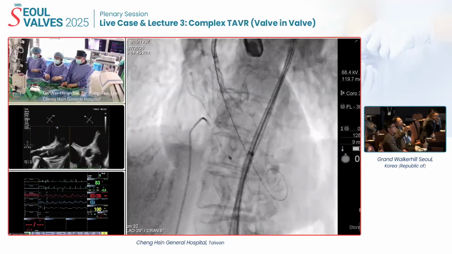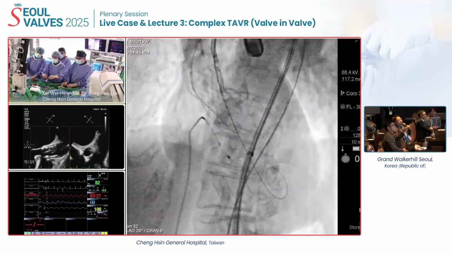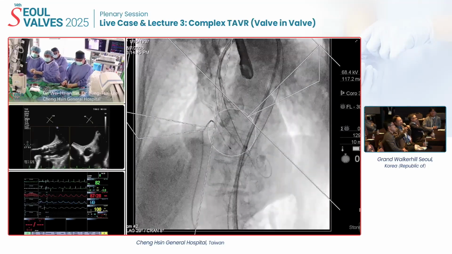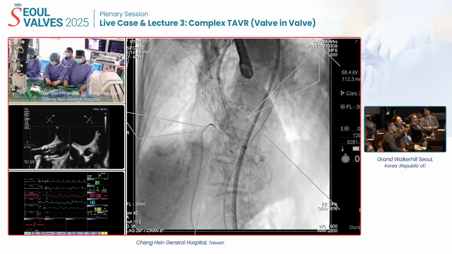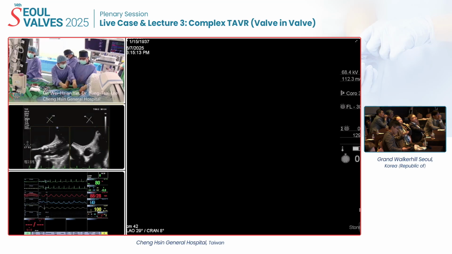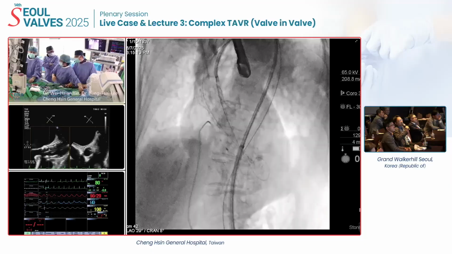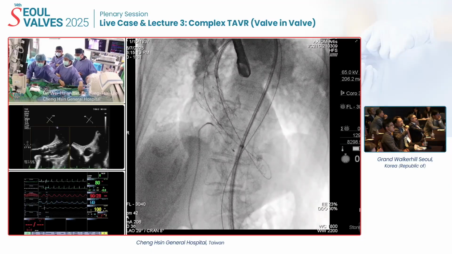We wanted to do some leaflet modification and similar procedures, but instead of dilating with a peripheral balloon, because the valve is extremely heavily calcified, we used a peripheral shockwave balloon, a 10 millimeter shockwave balloon, and then did a couple of leaflet modifications, hoping to break the calcium, and the result turned out to be quite satisfactory. So instead of using a peripheral balloon, sometimes you can use a peripheral shockwave in order to modify the calcium. There are some modifications of this sort of unicorn technique.